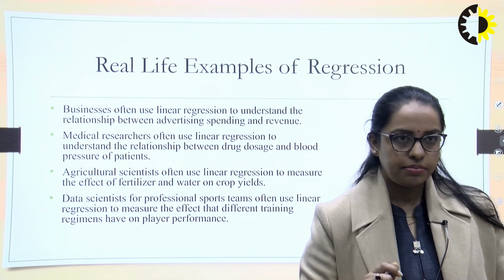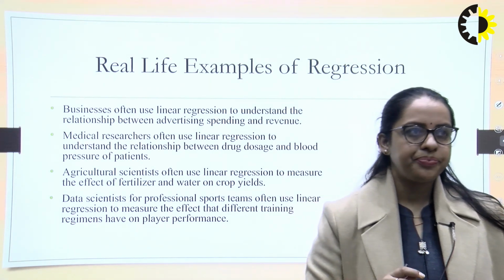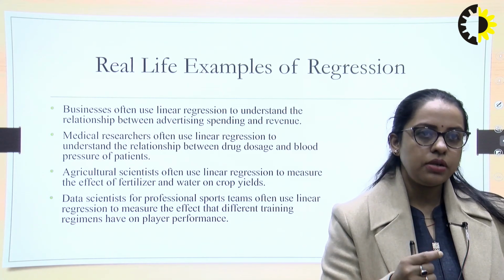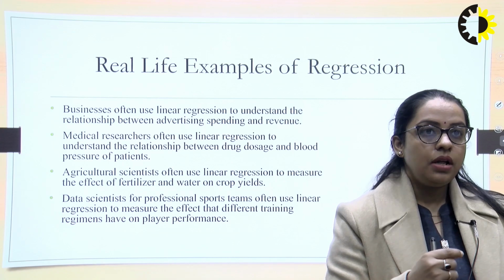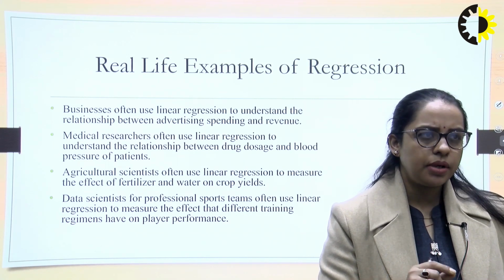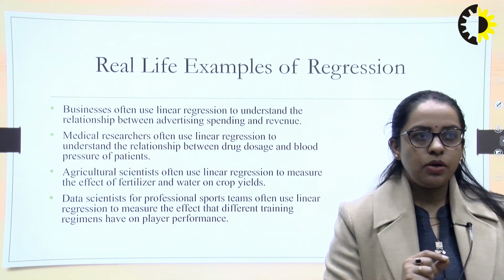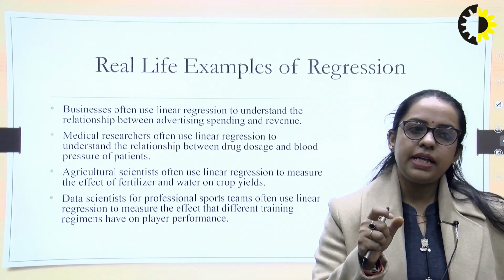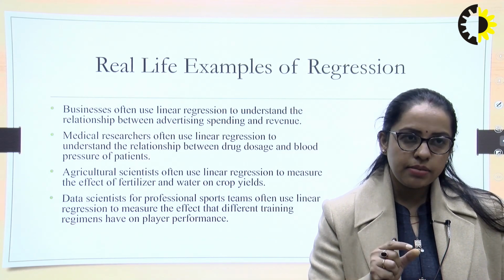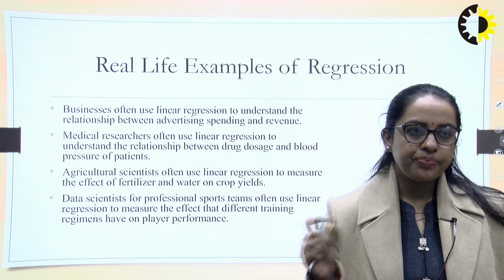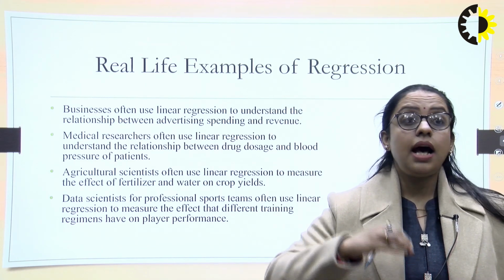Any product you can take, and for the promotion of that particular product we have spent some amount over advertising, whether a least amount or a huge amount. What is the outcome?